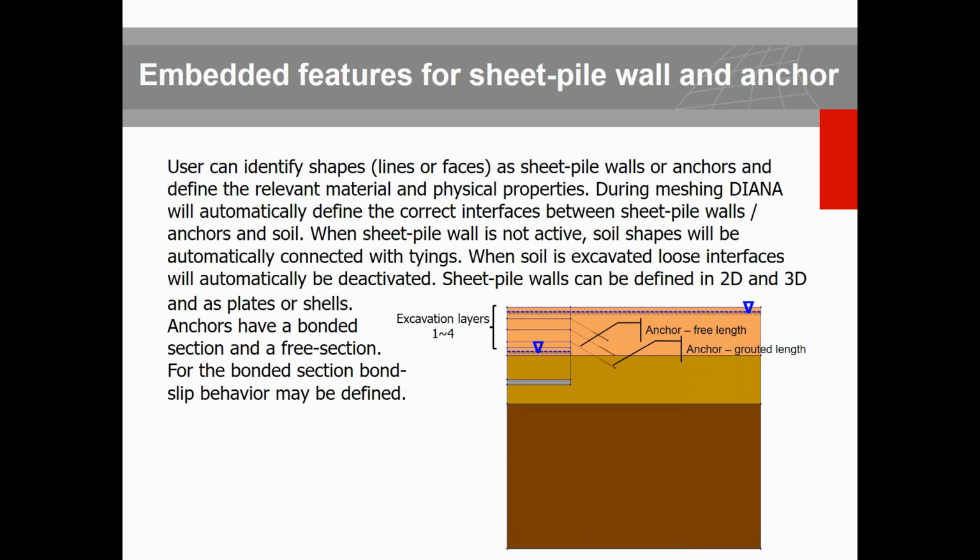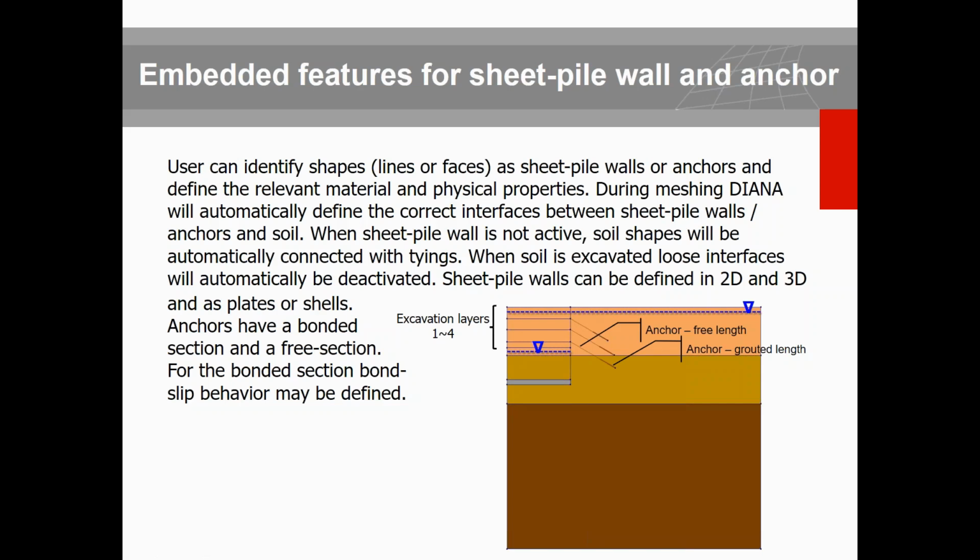So for the sheet pile, it's very interesting because the user can define a line in the context of 2D or a face in the context of 3D and assign a sheet pile property based on the different characteristics that I'm going to talk about for these sheet pile elements.